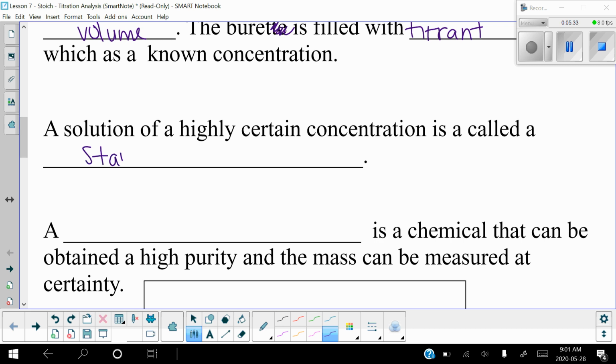So remember in the solutions unit, we were making standard solutions. They were solutions where we knew the concentration was going to be 0.12 moles per liter. A standard is a chemical that can be obtained at high purity and the mass can be measured with certainty.